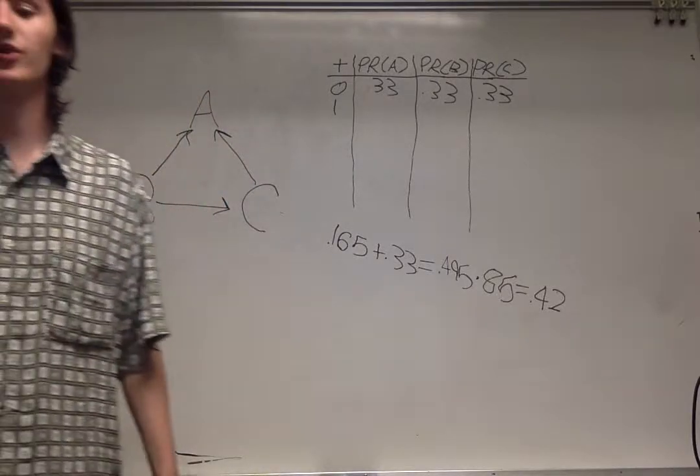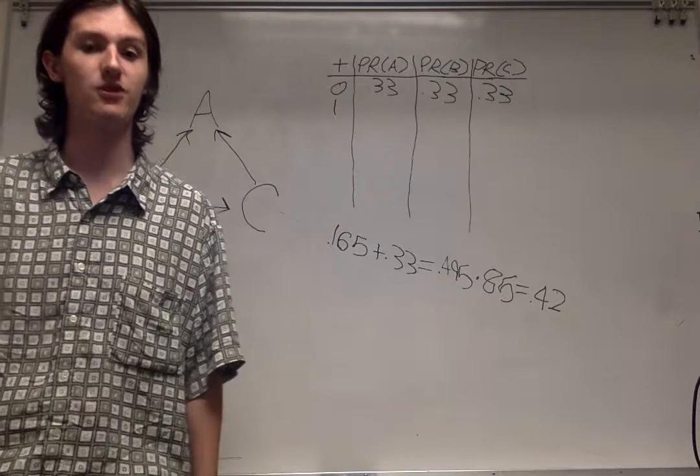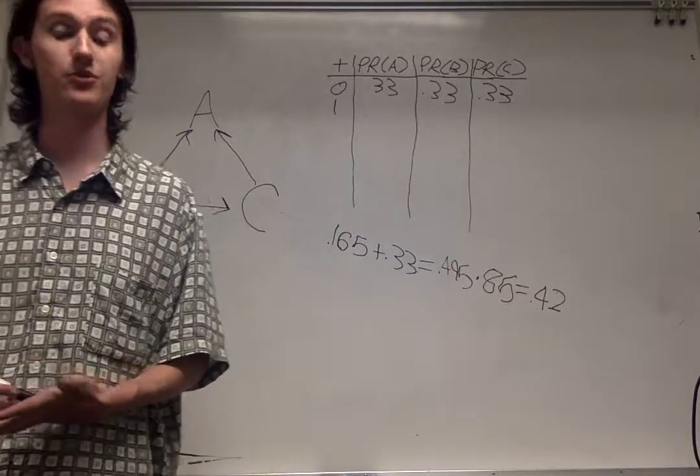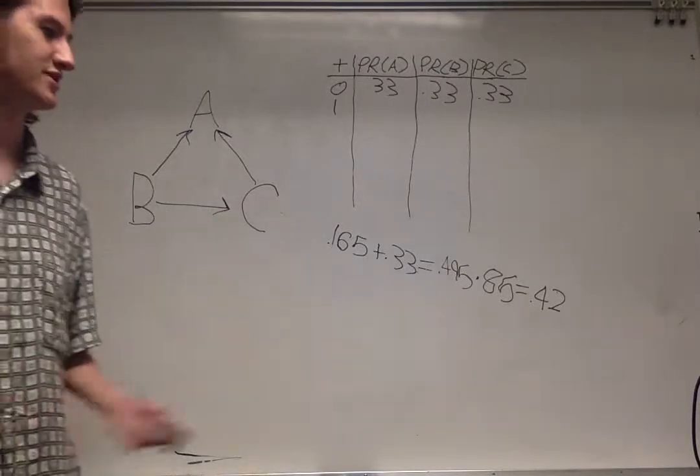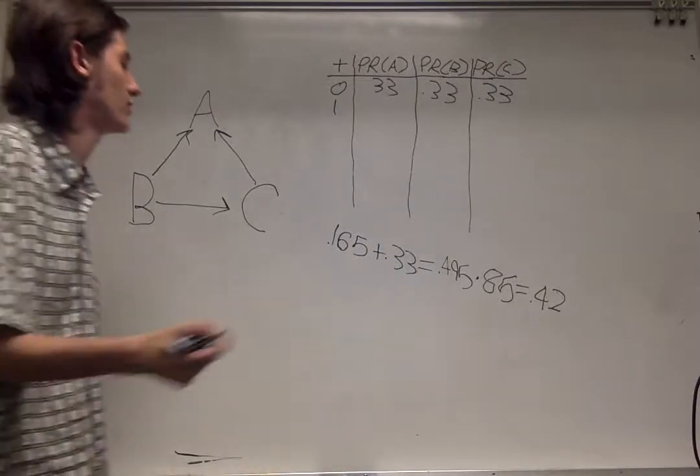Next, we're going to want to add in 0.15 over 3, which is going to equal 0.05. Seems pretty simple. 0.42 plus 0.05 is equal to 0.47.